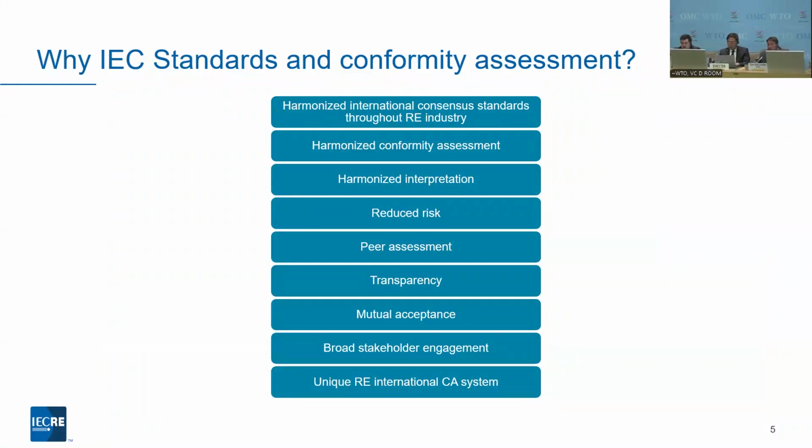There's peer assessment. Peers look at peers within the system. So it's not externally regulated, it's internally regulated by peers. So peer-to-peer assessments, peer-to-peer judgment of the validity of certification. Try to put it in very simple terms.